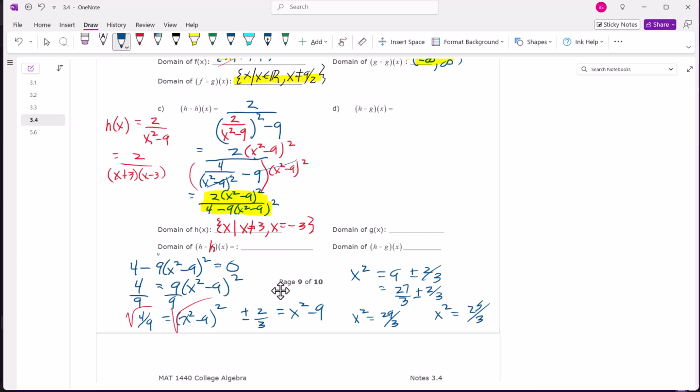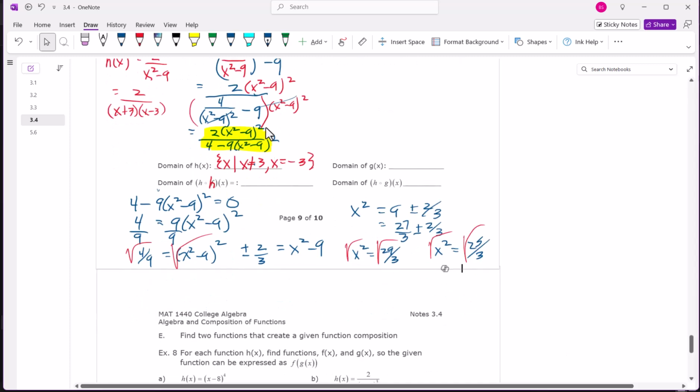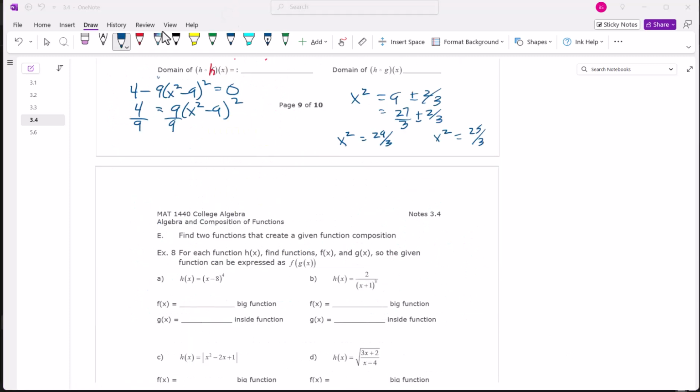So you're going to have a couple of problems here. When you do a square root of both sides, this is a real interesting problem. So what I need to do here is square root of both sides.